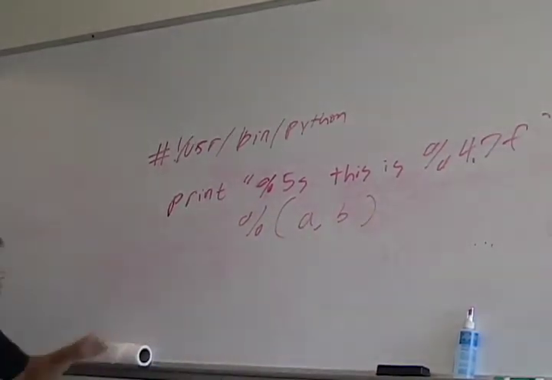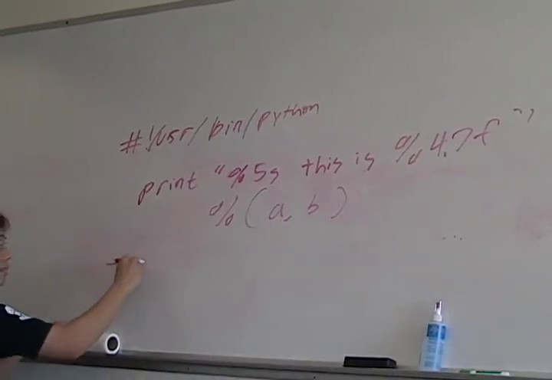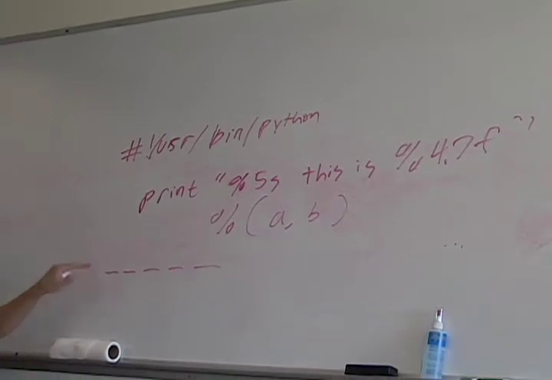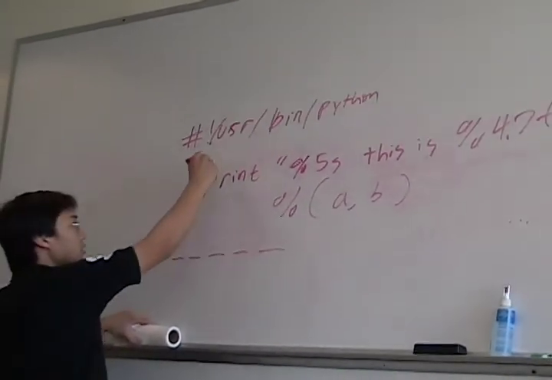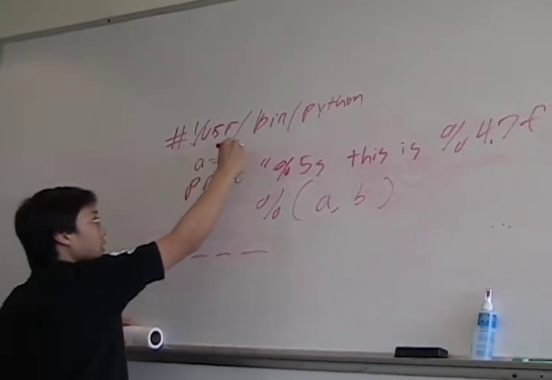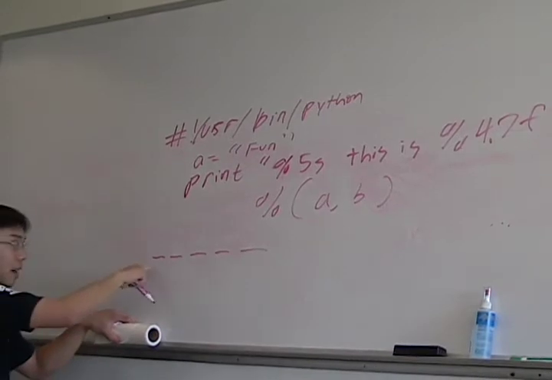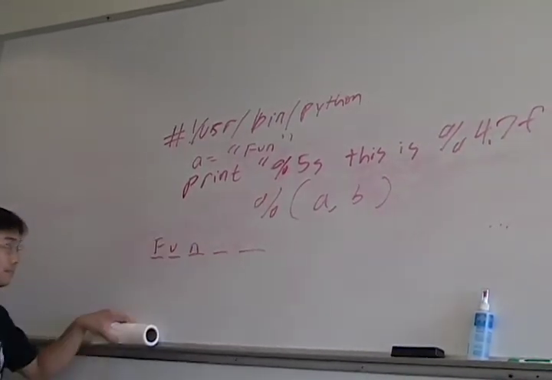What this means is you're allocating 5 columns, 1, 2, 3, 4, 5, and then here you're going to be printing out a string. So let's assume that A is equal to fun. We will be allocating 5 columns, and you're going to put fun right here.